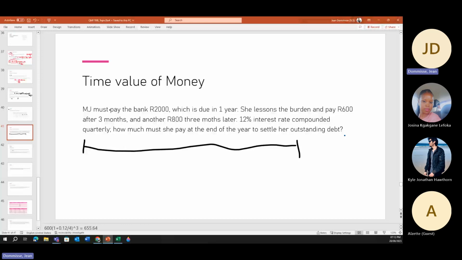MJ must pay the bank 2,000, which is due in a year's time.